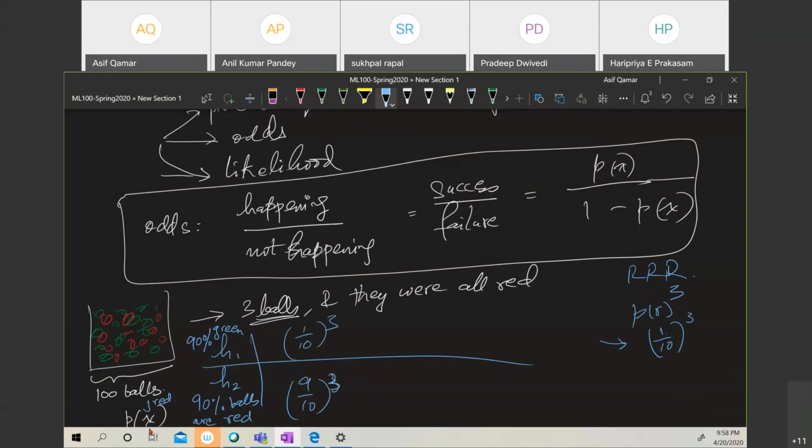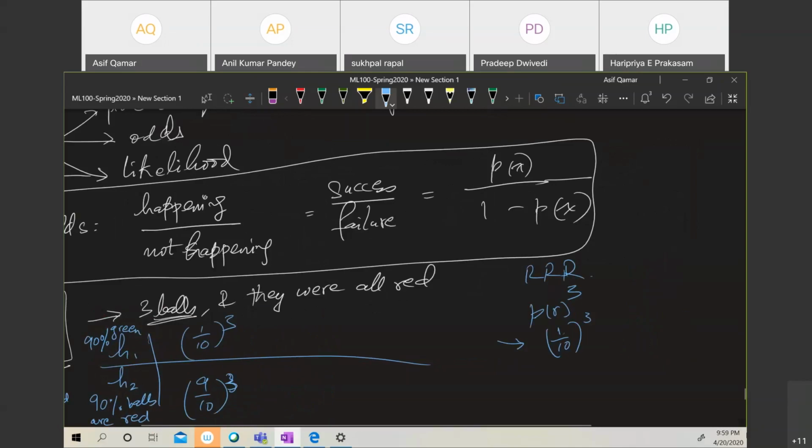It is 729 times, much more likely than the green hypothesis. So that is likelihood. Likelihood, you always say, is the probability of an event given a certain hypothesis or certain value. Does that make it clear?